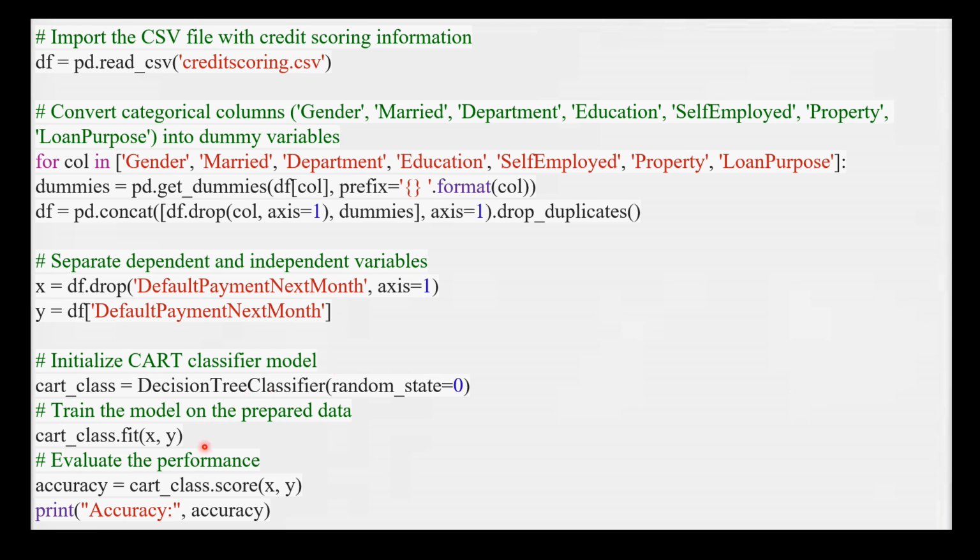Then we train this model using the fit method, and we use the score method to measure how accurately the learned decision tree makes predictions based on the training data. The result, represented by the accuracy variable, indicates the proportion of correct decisions made by the model, and we print the computed accuracy using a print statement.